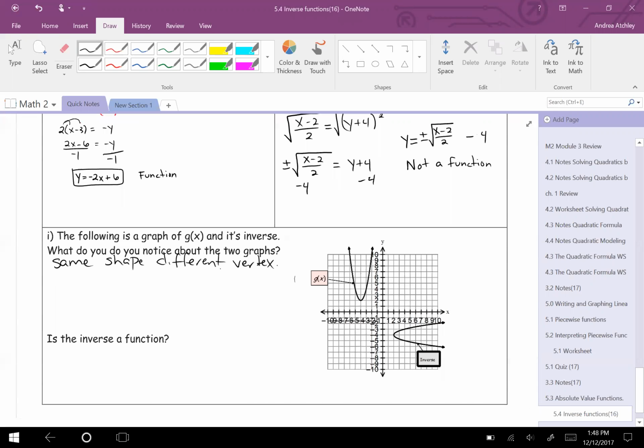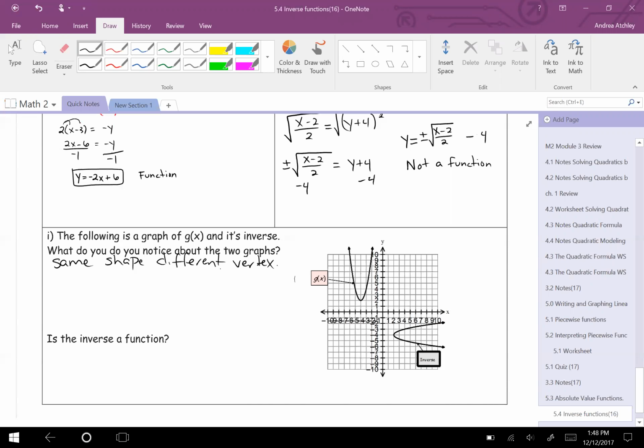Sabrina, what's something you wrote down? Okay. Left or right versus up or down. Okay, the inverse faces right and left, or right in this case. Anyone else notice something different that we haven't said already?